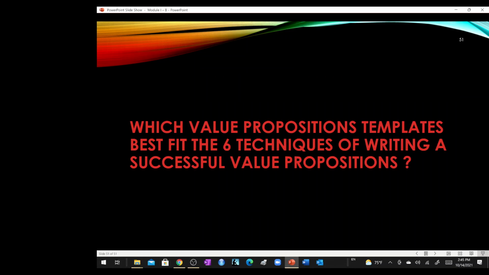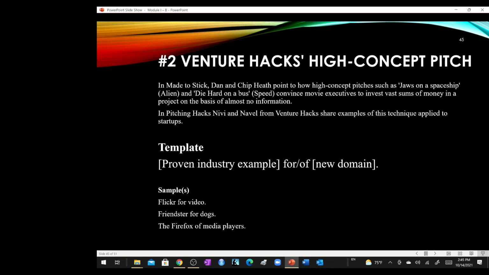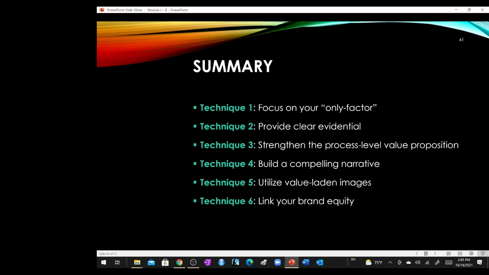So which value proposition templates best fit the 6 techniques of writing a successful value proposition? You will find out if you're looking at the techniques, but there's one of the points of the techniques, for example, here is about storytelling, and another is about the images. So the images and the narration, but the others link your brand to an equity, or link your brand equity.